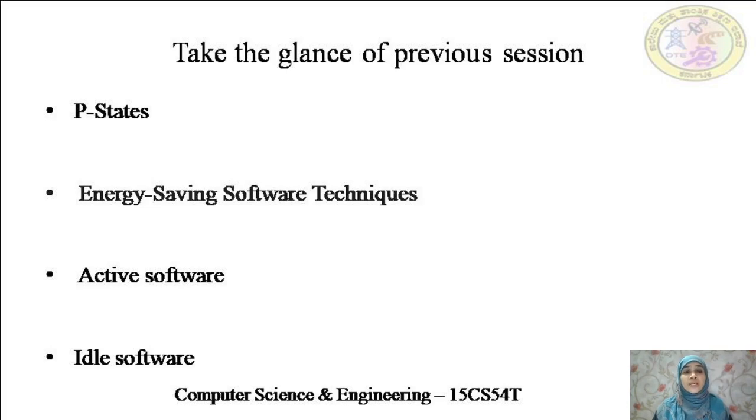Right, dear students? In P states we also use an equation to know the power or energy saving in the CPU. I hope you remember the equation. What is that? Yes, that is P equals CV square F, where P stands for power, C stands for capacitance, V stands for voltage, and F stands for frequency.